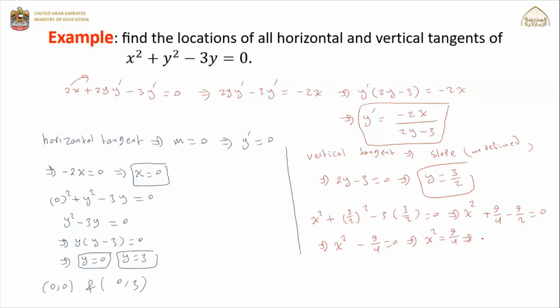If I take the radical of both sides, x equals plus or minus 3 over 2. So here I have 2 points where the tangent is vertical. The first one is x equals 3 over 2 with y equals 3 over 2, and the second one is x equals negative 3 over 2 with y equals 3 over 2.